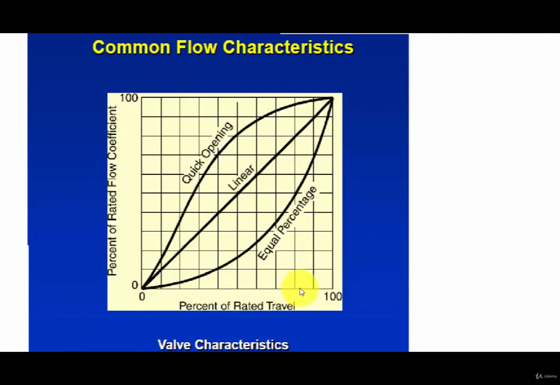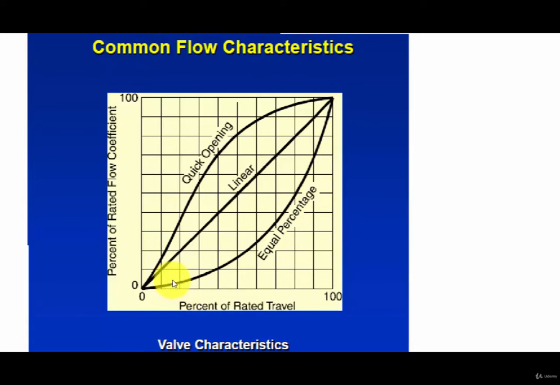At higher percentages, maybe from 80 to 90, that is 10% valve travel, the percentage increase in flow is almost double, that is 20%. So what is gain? It is flow change divided by valve travel change, that is 20% by 10%. So the gain is almost 2.